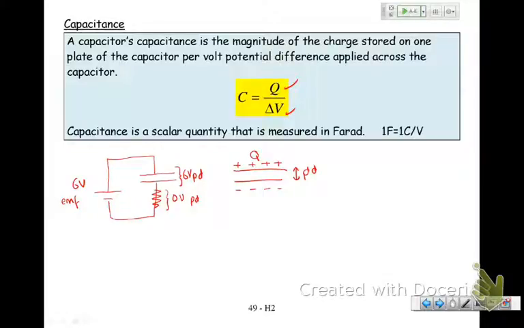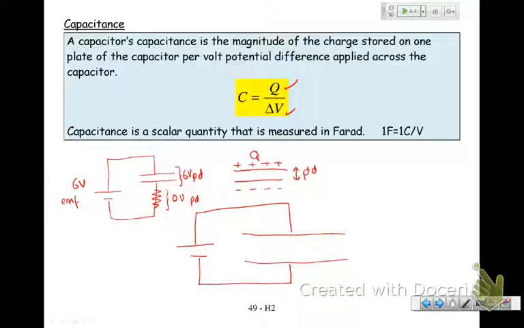If I apply more potential difference, so let's visualize this. I start off with an empty capacitor, there's no charge on it. I have my battery. The battery gives the charged particles energy. There's no charged particles on here. You give your first charged particle energy. Oh, that was easy. So the positive goes to one parking lot and the negative goes to the other parking lot.